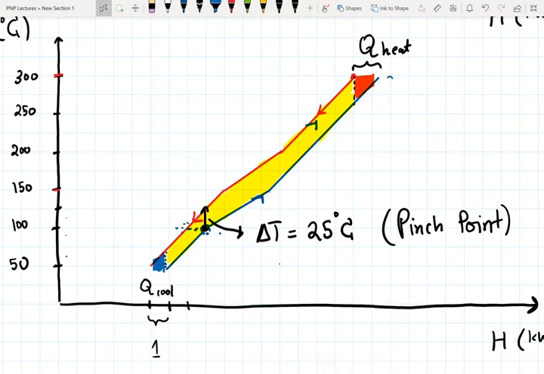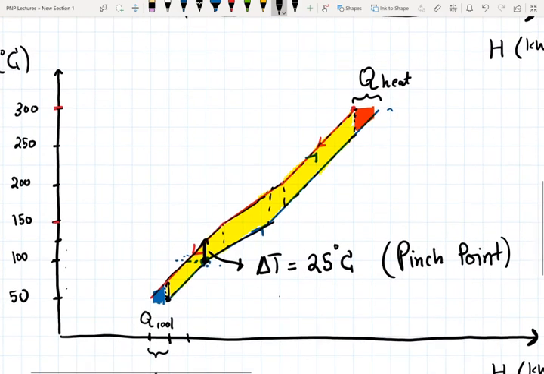And obviously, once you know these temperature intervals, you have this continuous segment, another continuous segment over here, and another one over here. This is going to help you determine the minimum area required for the heat exchangers.